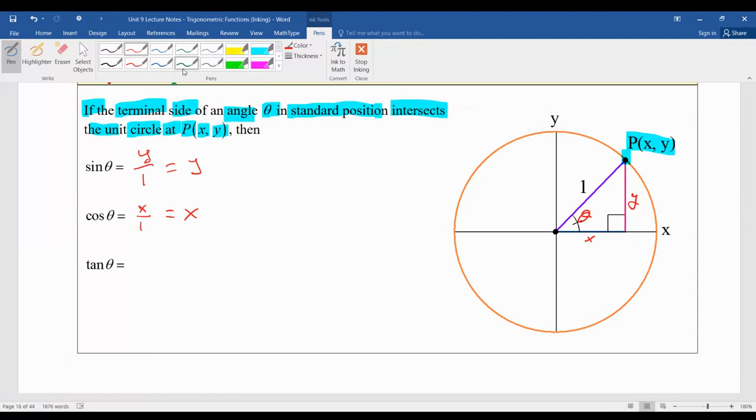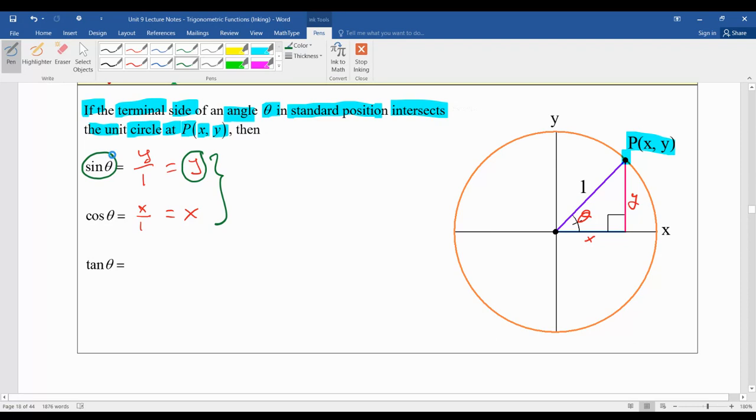So what we can conclude from these two statements is that because y equals sine of theta, the y coordinate of any point on the circle would be the sine of theta, because each time you find the sine of an angle theta on this unit circle, it will be the ratio of the opposite, which is y, divided by 1.